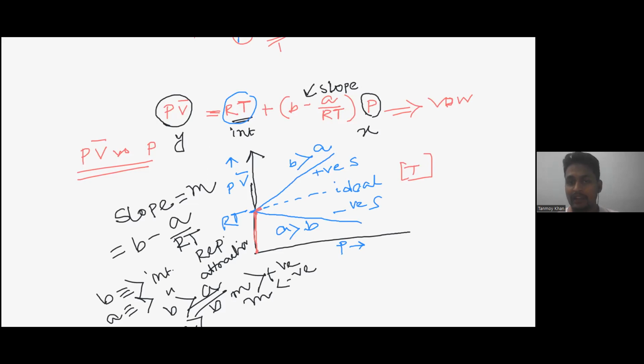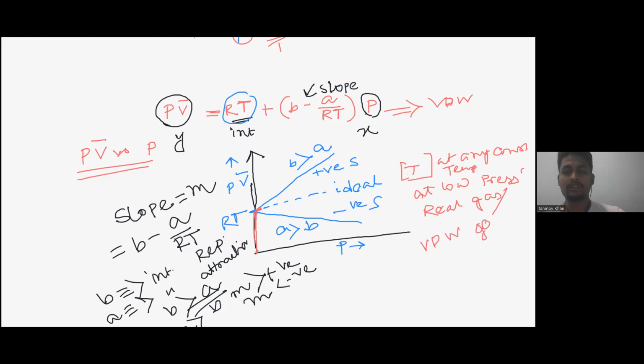That means at low pressure, at any constant temperature, a real gas, rather you can say van der Waals gas, behaves like ideal, right? So this is the take home.